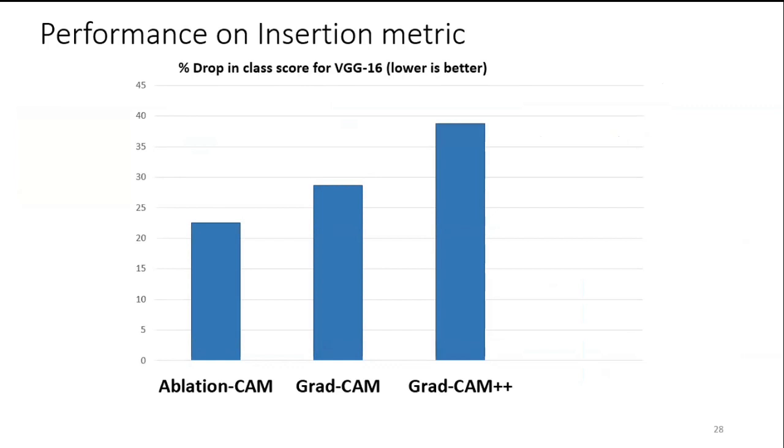In our paper, besides showing that our technique is better than other techniques on this particular metric, we also showed some really good properties that a visualization technique should possess, and how Ablation Cam performs on them.